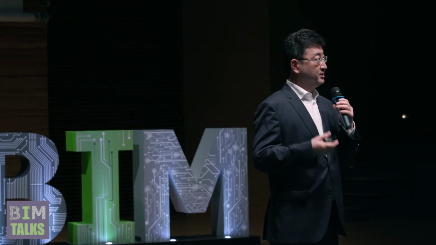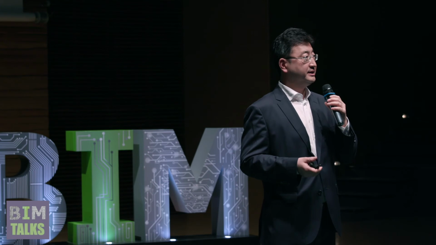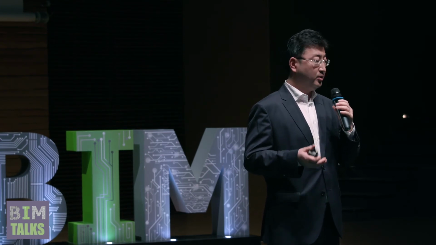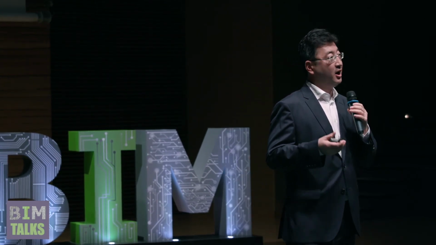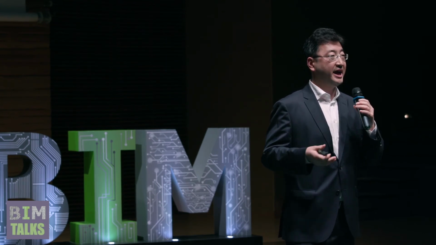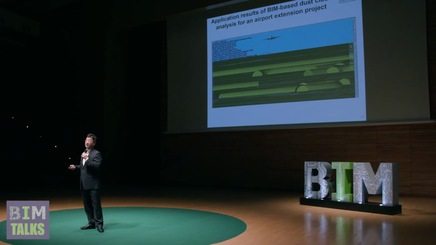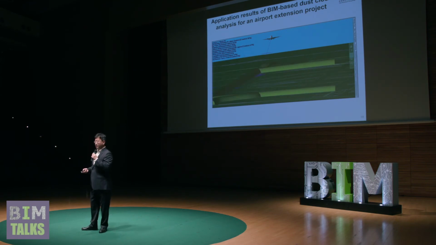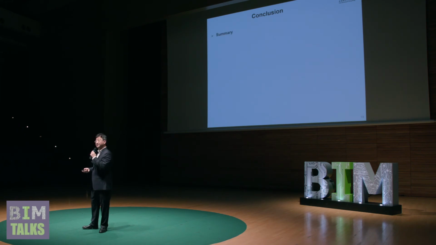As you can see, based on that, general contractors identified when and where they have to have a dust mitigation plan, and they can easily and explicitly describe their dust mitigation plan to the client, and confirm they are appropriately developing their dust mitigation plan for the airport construction. So that's all I want to explain today.